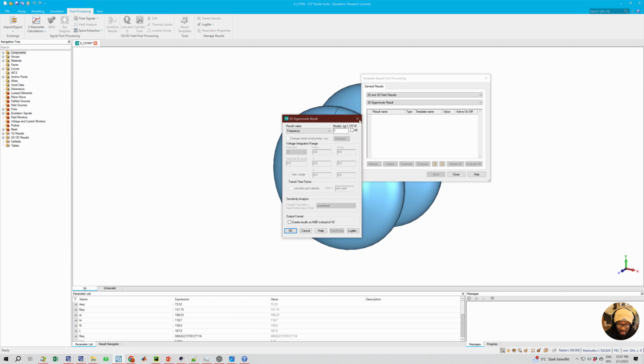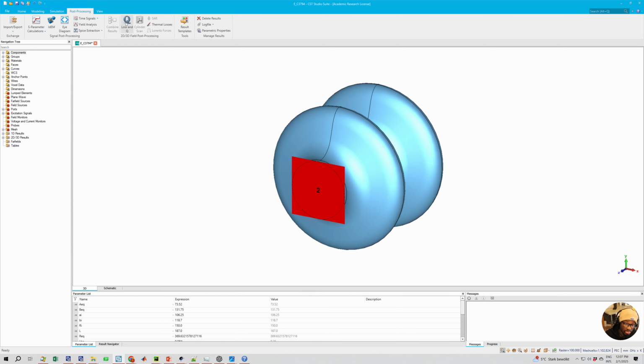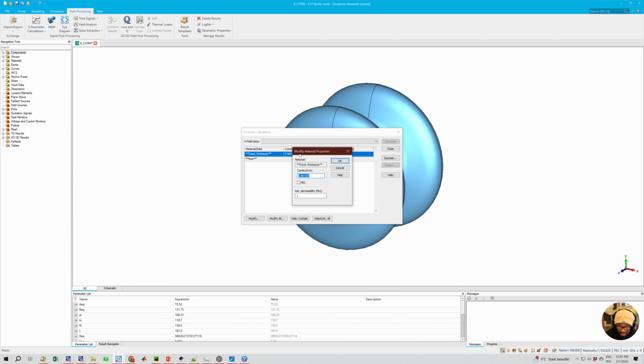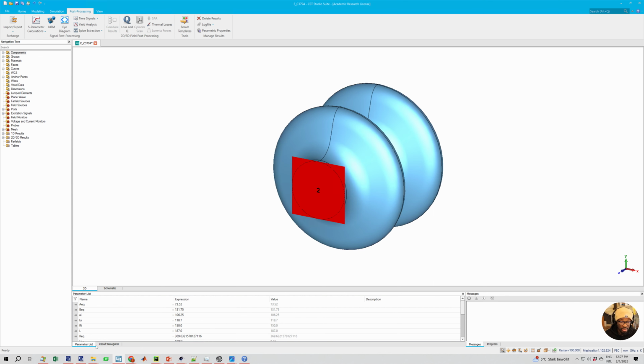Now for the perturbation, the Q factor perturbation, you could also calculate it in post-processing from here. So losses, loss and Q, and then look at the conductivity. You could specify different conductivity here, and then you calculate it. So I think if I change this, then you can calculate the intrinsic quality factor with the perturbation method.